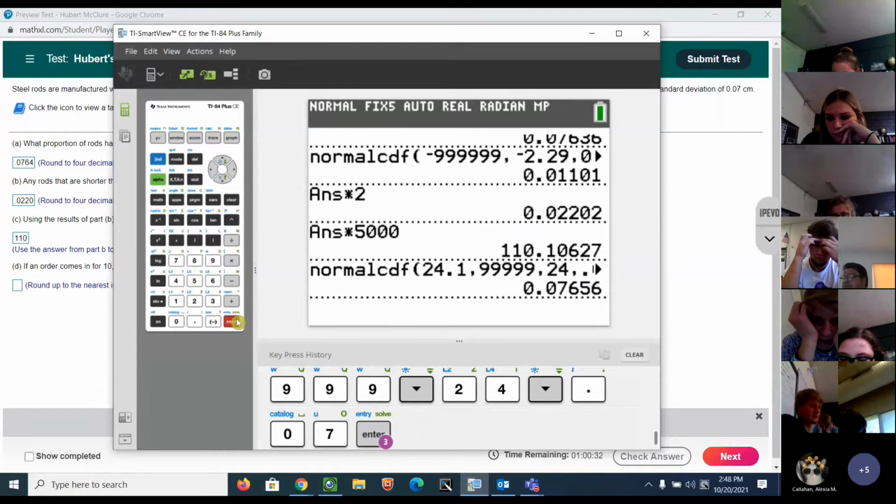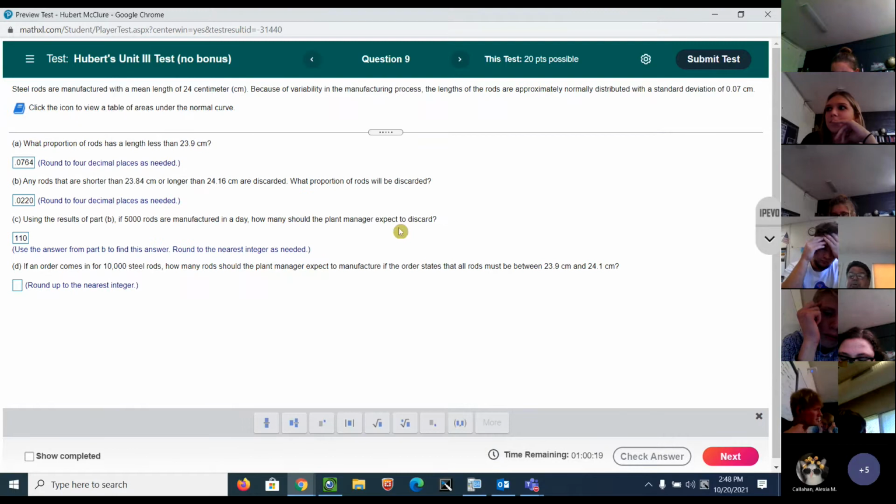Yeah, 0.0764. So we're going to have to make enough rods.